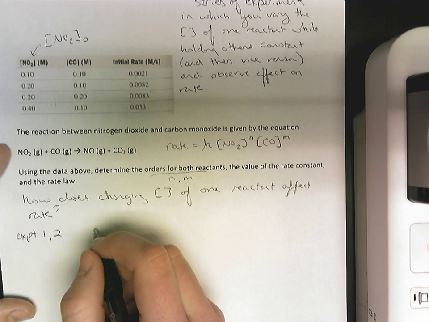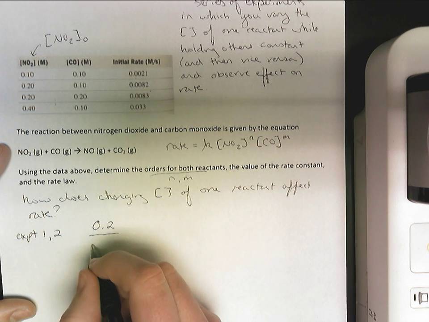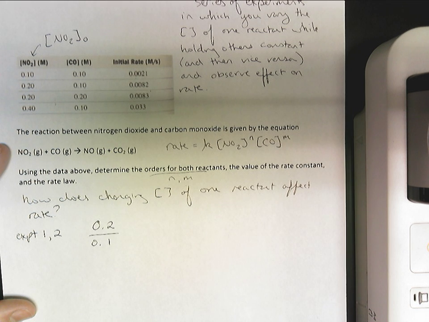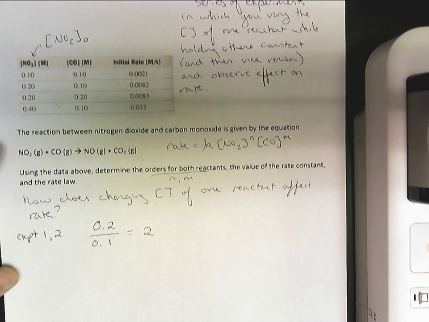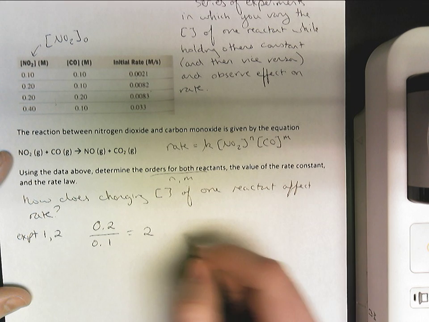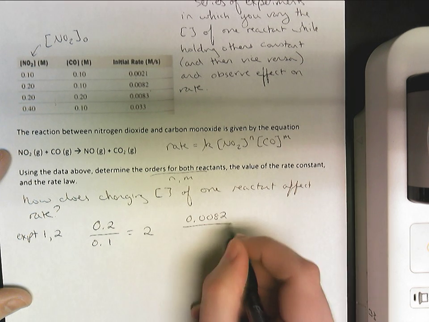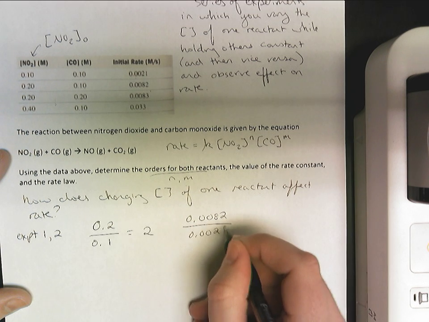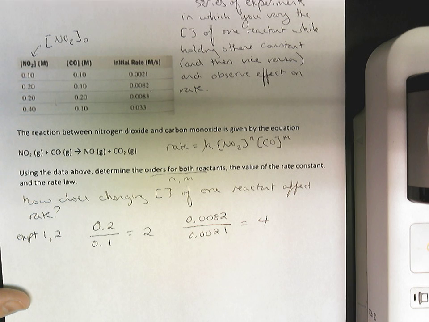I like whole numbers instead of fractions. So let's see. If I change the concentration of NO2 from 0.1 to 0.2, that means I've doubled the concentration. What happens to the rate? The rate quadruples, roughly.